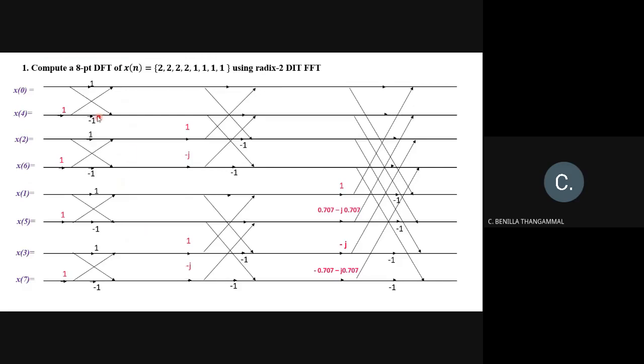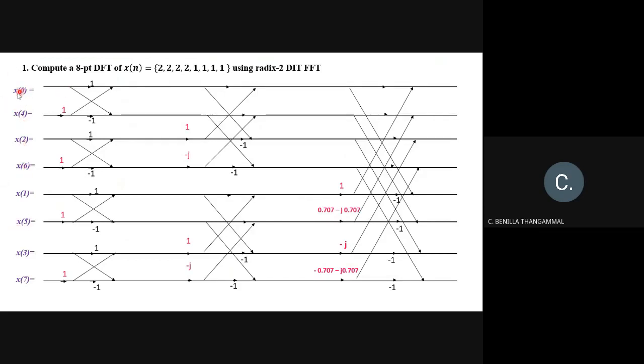This is W suffix 2 power 0, W suffix 4 power 0, W suffix 4 power 1, W suffix 8 power 0, W suffix 8 power 1, W suffix 8 power 2, and W suffix 8 power 3.